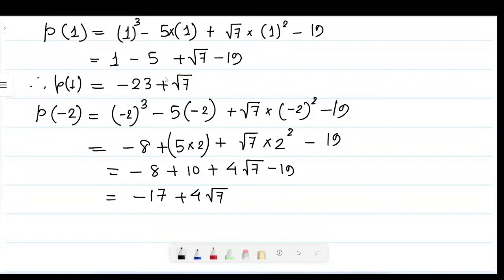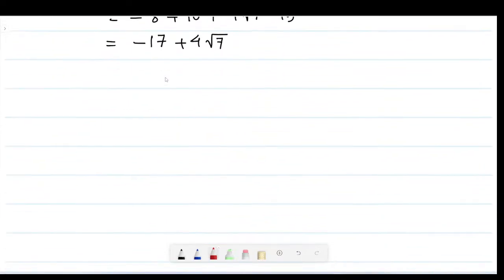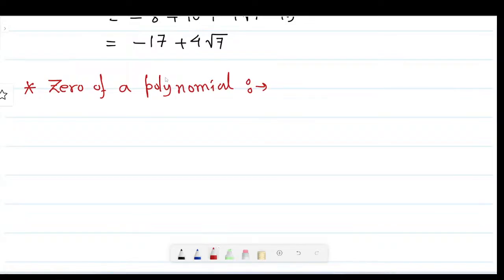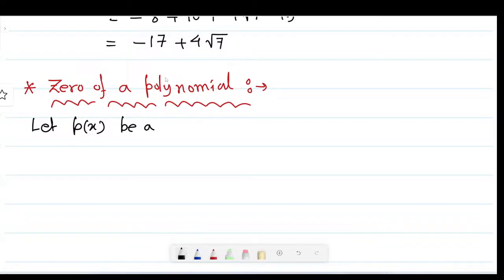So now my next topic, that is very important, is zero of a polynomial. So that is the definition. Let p of x be a polynomial.